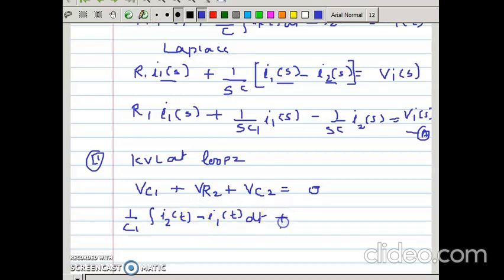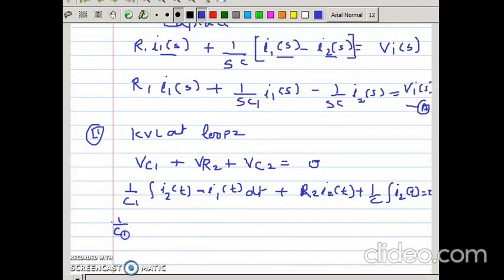Plus the voltage drop across R2, which is R2 I2 of t, plus for C2, 1 upon C2 integration of I2 of t, is equal to 0.